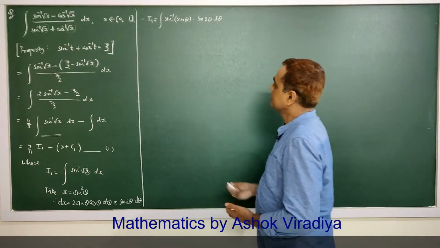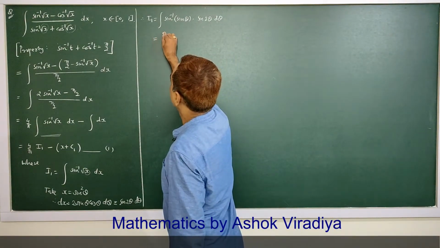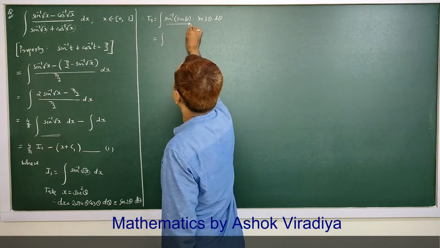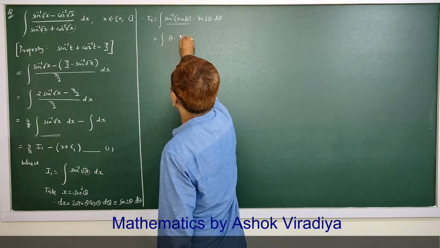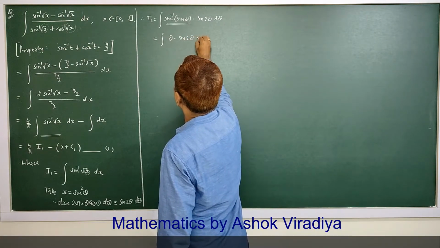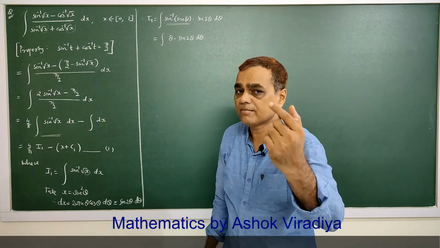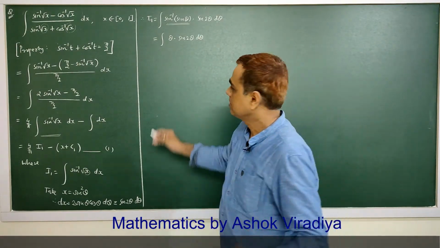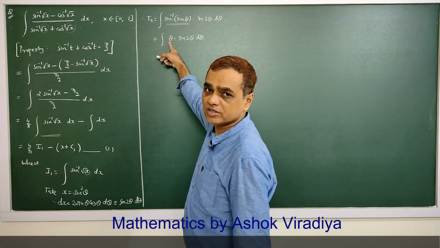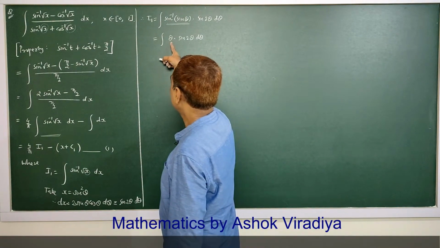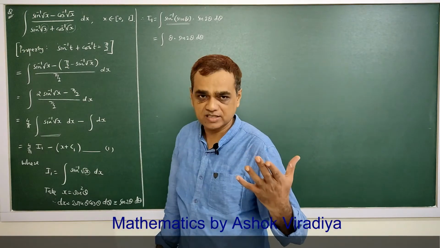So it is equal to theta into sine 2 theta d theta. Now we use the rule of integration by parts. This is an algebraic function, this is a trigonometric function, so this we take as u and this we take as v.